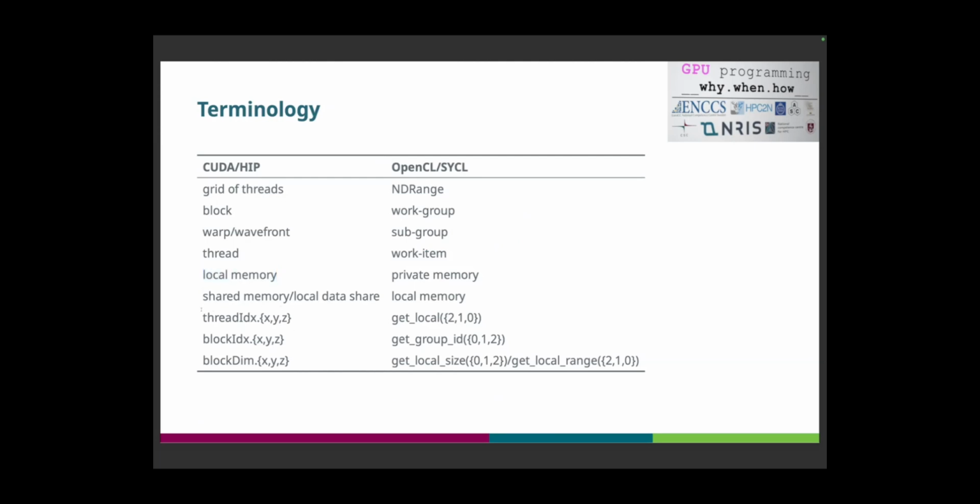And of course, when you do direct programming of a GPU, we have all these variables which are provided by the language that we use, and then we can get all the coordinates of our threads in this grid of threads.